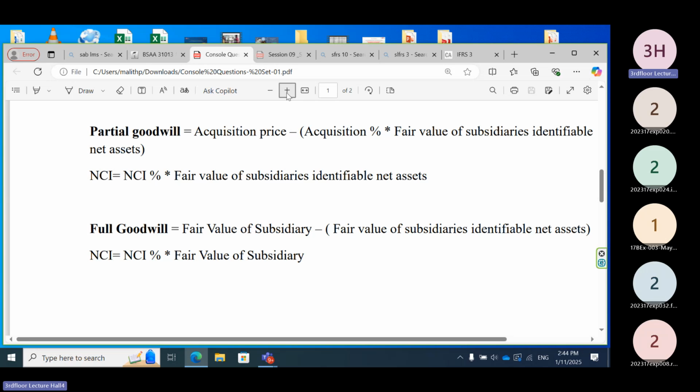So how are we going to calculate full goodwill? Purchase consideration, then the NCI fair value.